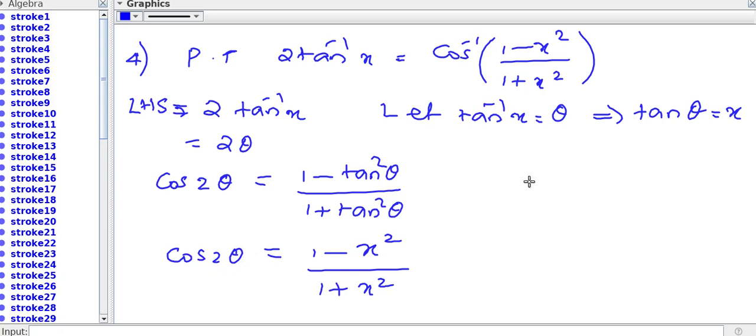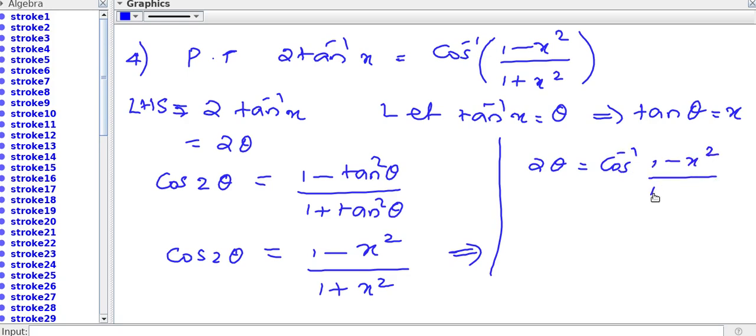Okay, now what is 2 theta? This implies 2 theta is equal to, we apply cos inverse, we transfer cos here. So cos inverse 1 minus x square by 1 plus x square. What is theta? Let us replace, because we know theta is tan inverse x.